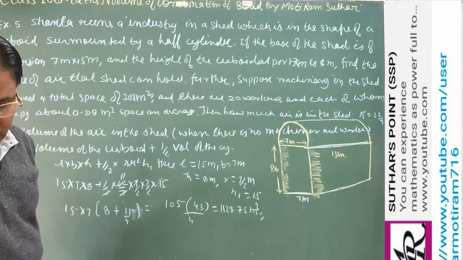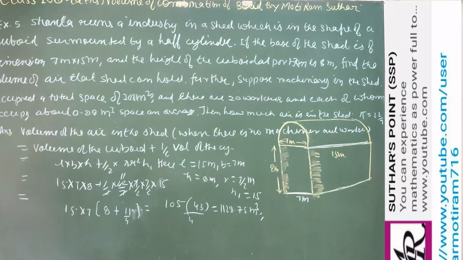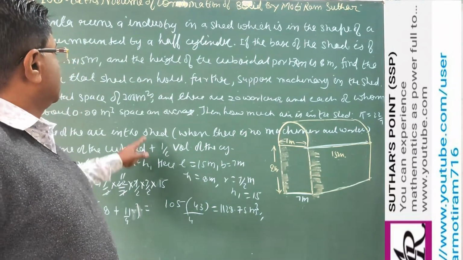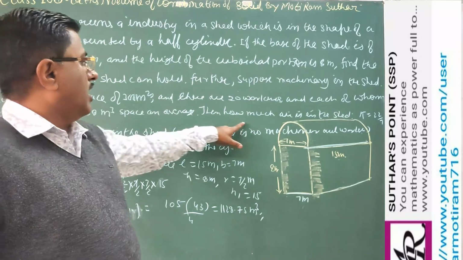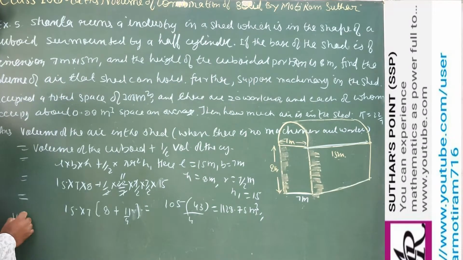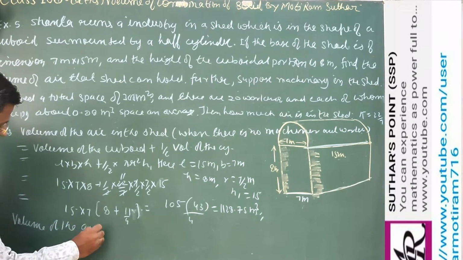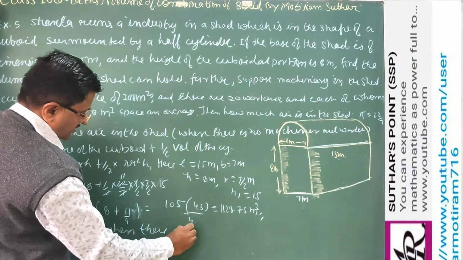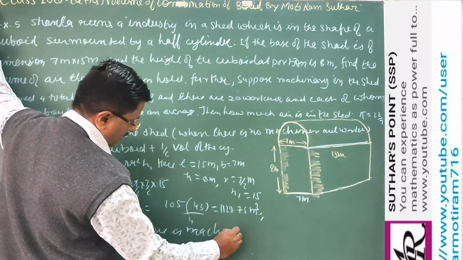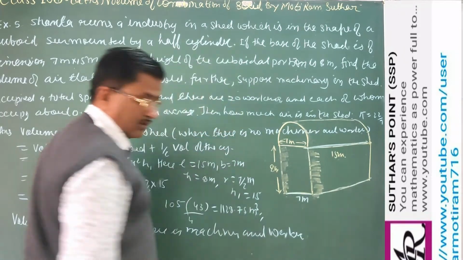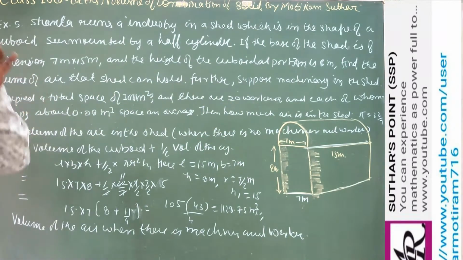Now the total space occupied by the machinery is given, and the second part of the question says, suppose there is machinery, then how much air is in the shed. So now we see the volume of the air when there is machinery and workers, then how much will be there. That we have to see.